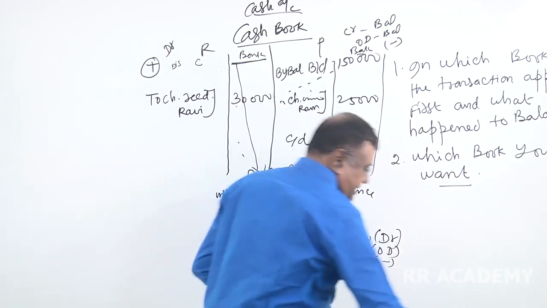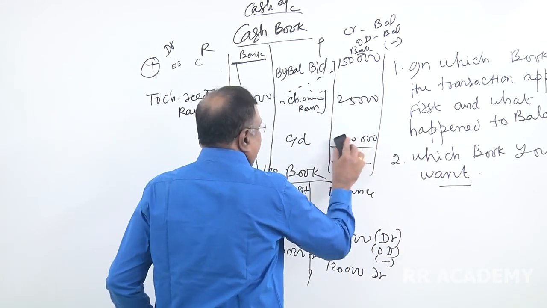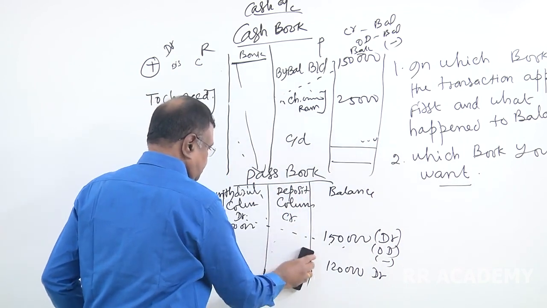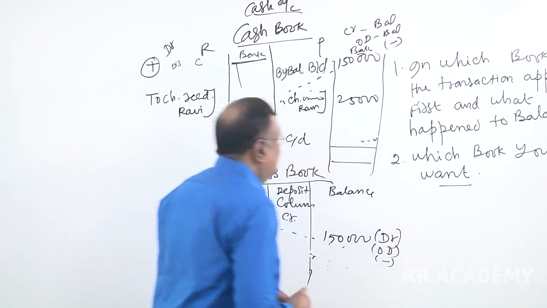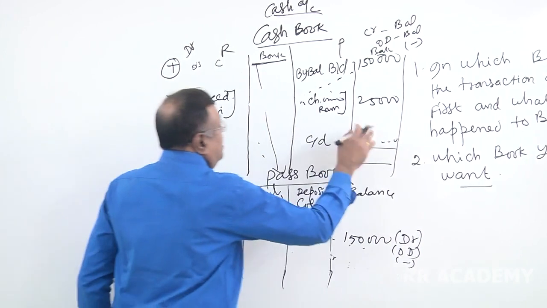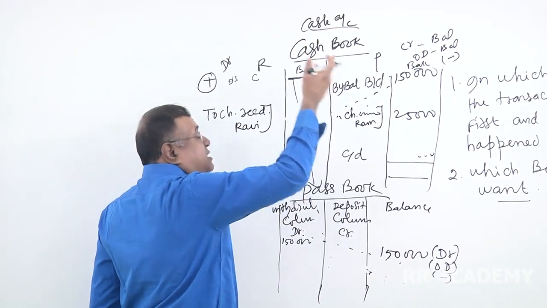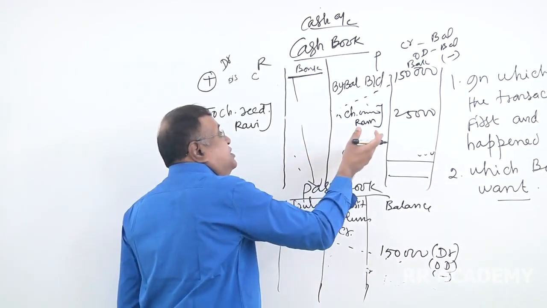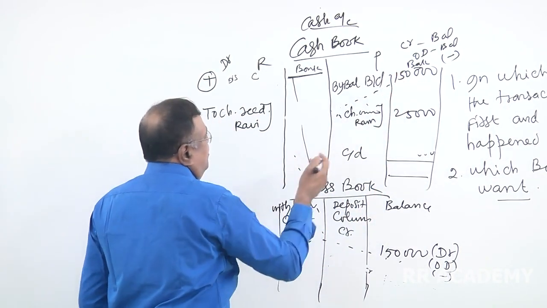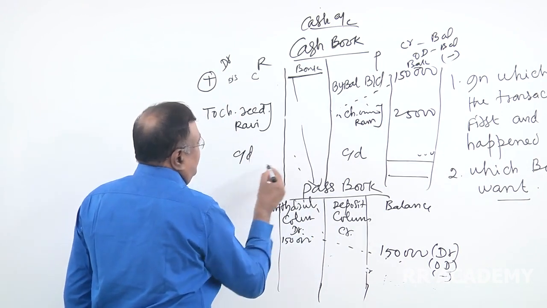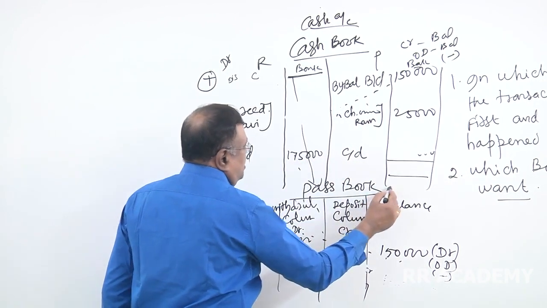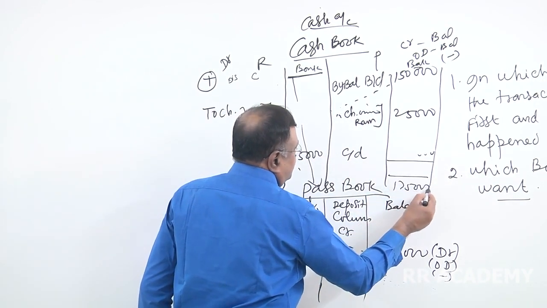I am issuing a check for 25,000, friends. It appears like this. Already 1,50,000 drawn. When I issue a check for 25,000, it will be more. That means, what is balance carried down? Balance carried down 1,75,000, balance brought down 1,75,000.